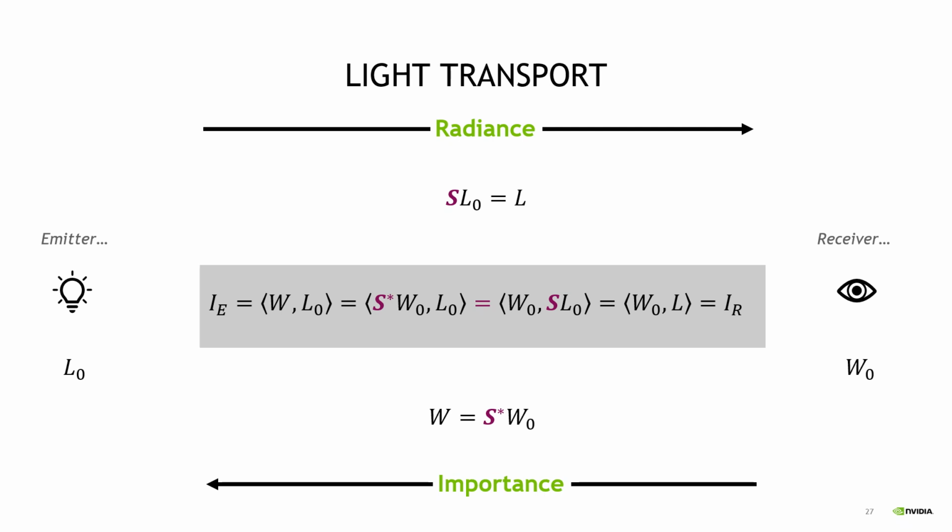So at the receiver, you use the radiance propagated, and at the emitter, you use the importance that was propagated in the other direction with the source. And because these operators are adjoint of each other, these intensities are the same. So this, in summary, is the role of the adjoint in light transport. Very short summary, but that's all we need to show the link.